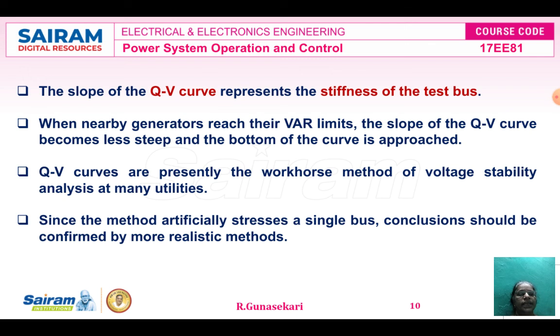Suppose the generators reach their volt ampere reactive limit, then the slope of the QV curve becomes less steep and the bottom of the curve is approached. So the QV curves are presently the workhorse method of voltage stability analysis at many utilities.